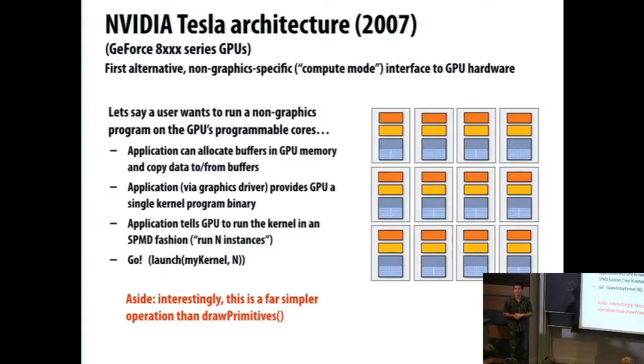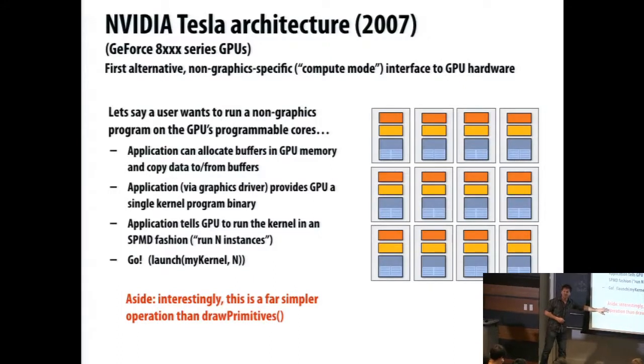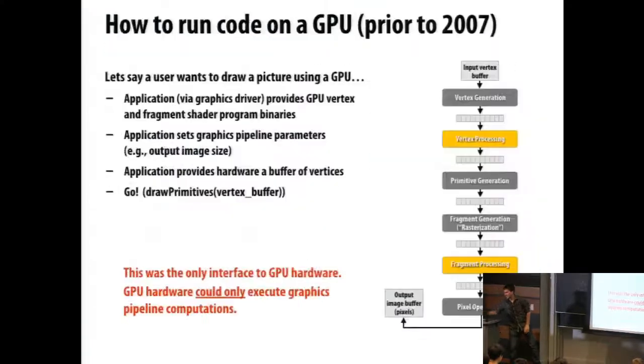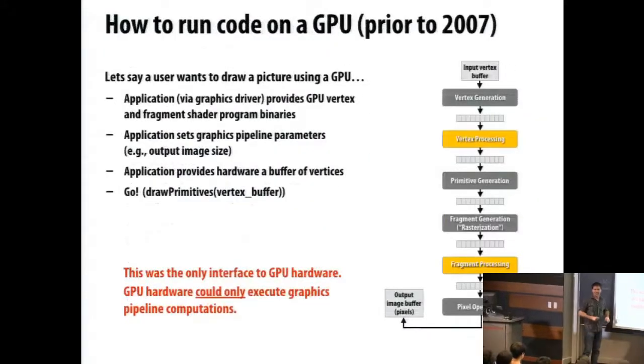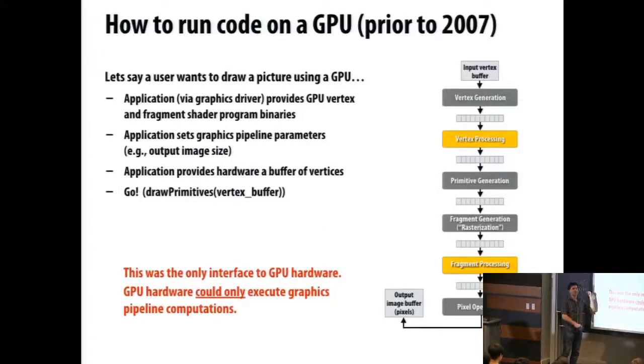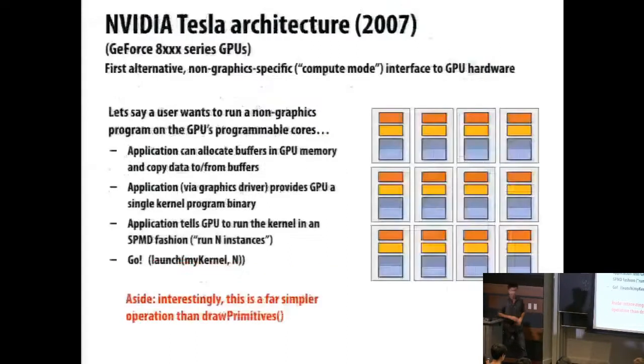Make sense? And in fact, this interface is far simpler than the graphics one. Because that one is like, here's a list of vertices, transform them, rasterize them, generate these fragments, do all this other graphics stuff that's not written into your program at all. You get a lot for free. In compute mode, it's, here's my binary, I want you to run it n times.